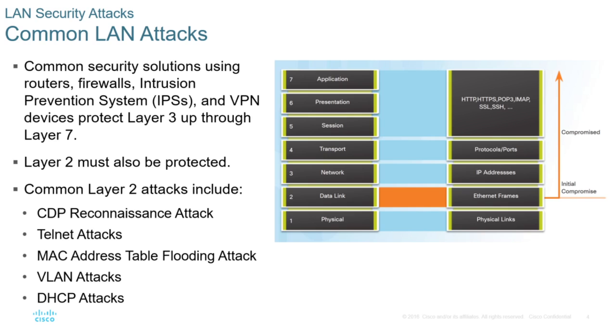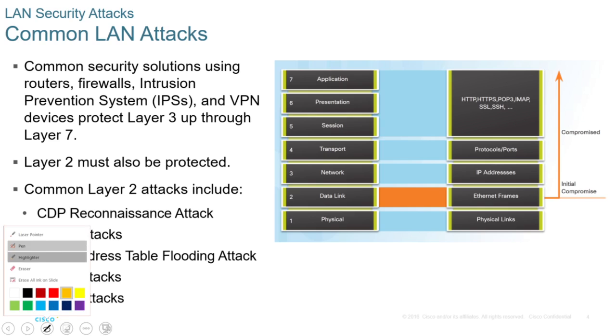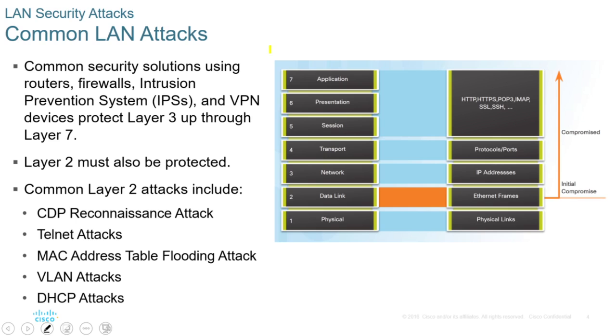Most of the general security solutions that you would come across, things like routers, intrusion prevention systems, VPN devices, are mainly about protecting network environments, and these other ones will be mainly concerning these upper layers.